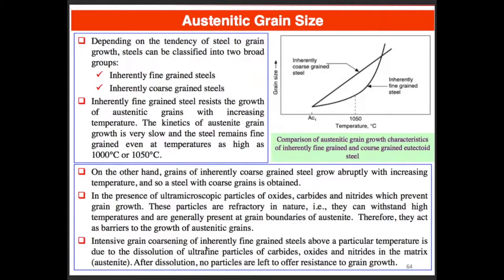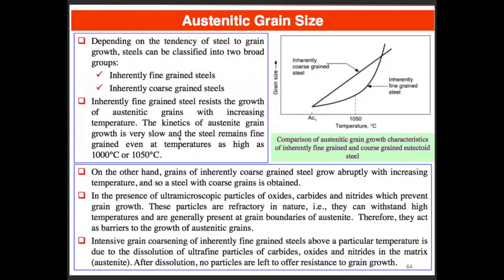we can classify things into inherently fine grained or inherently coarse grained, right? So inherently fine grained steels will resist the growth of grains in the austenite field, and we'll talk about grain refiners in a little bit.